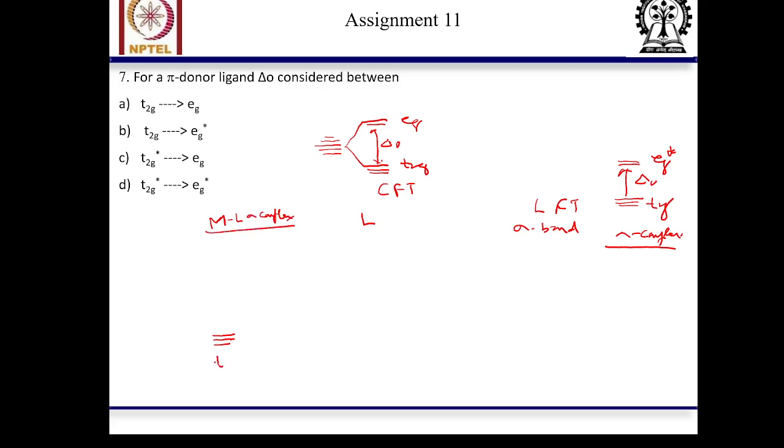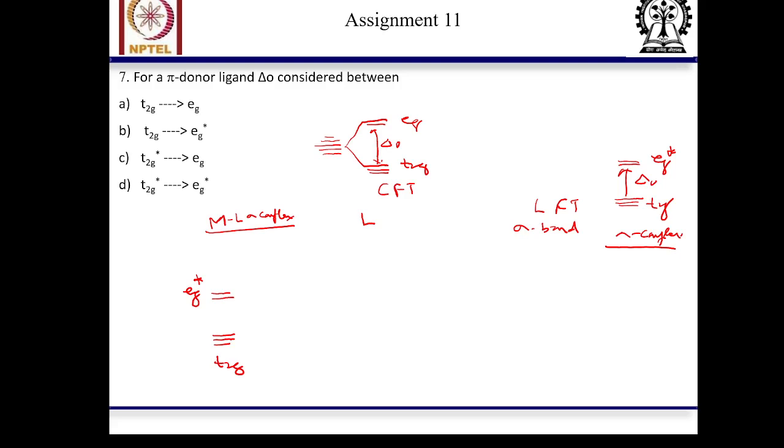We have T2g here, and then we have Eg star here, and after that the s orbital also.